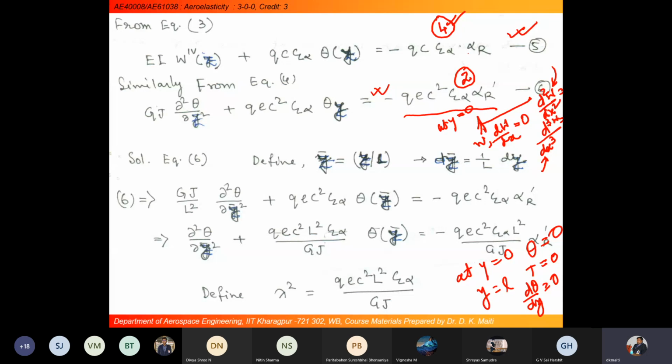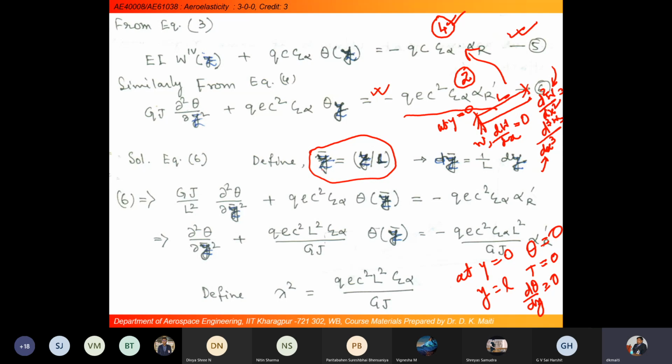So suppose we define y bar equal to y by L, a non-dimensional parameter. The span length we are expressing in terms of y bar, that means normalizing with respect to the length of the wing, y by L. We have taken the cantilever wing, so the total length I am taking as capital L. So y by L is the non-dimensional length coordinate.